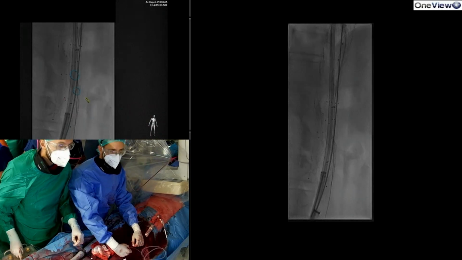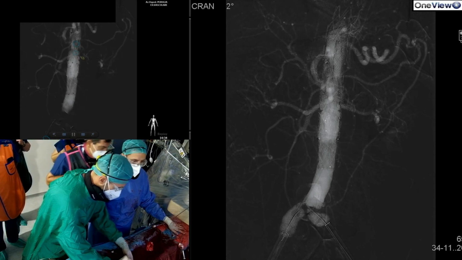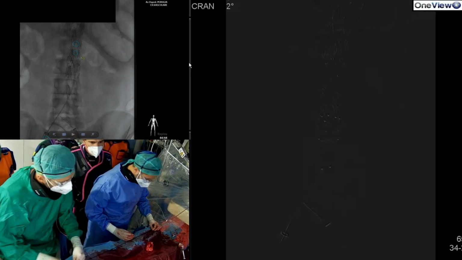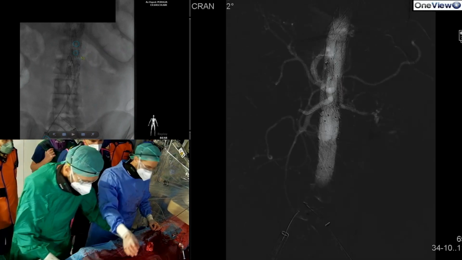From the contralateral side, the left one, we advance a 16 French sheath with inside a 12 French deflectable sheath in order to cannulate all the inner branches and to bridge all our visceral vessels. We complete the procedure easily, and at the final control performed with CO2 due to an impairment of the renal function of the patient, we are able to assess a very nice patency of all the visceral vessels, a nice aneurysm exclusion, and no kind of dissection, perforation, or complication at the level of both common iliac arteries.